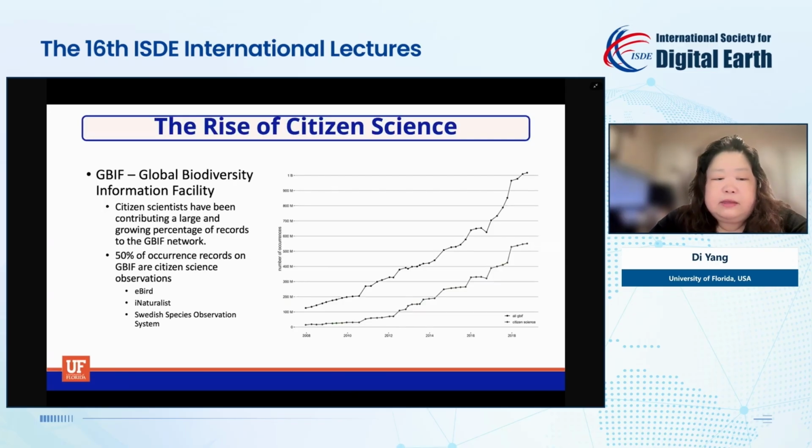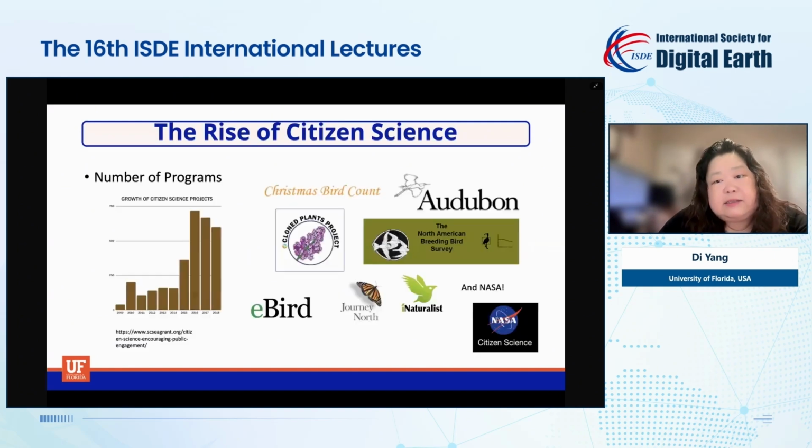In all the citizen science platforms, there are several major contributors, for example eBird, iNaturalist, and the Swedish Species Observation System. There are also a growing number of programs over the last two decades.